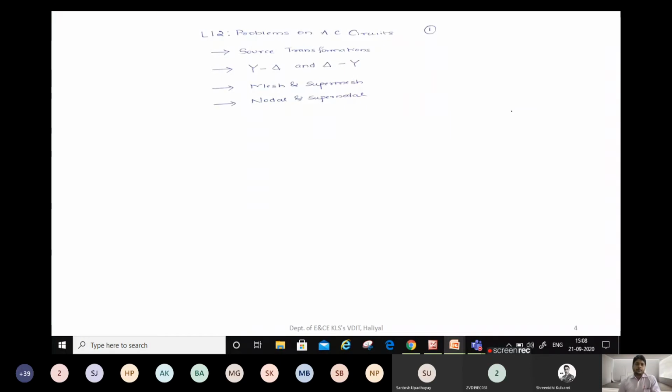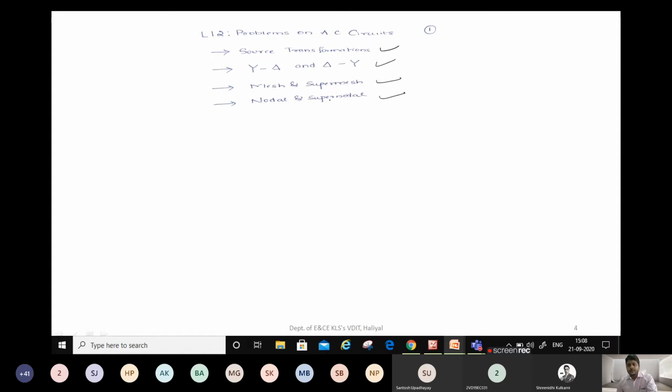As I told, we will be covering all these topics: source transformation, then star to delta and delta to star, problems based on AC circuits, mesh and super mesh, nodal and super nodal analysis. The concept will remain the same, only the analysis will change.